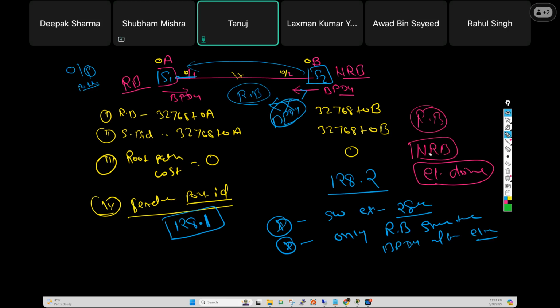Now my question is, how will switch number 2 inform switch number 1 that I accept you as a root bridge? Now, the answer is also the same. Switch number 2 stops sending the BPDU.